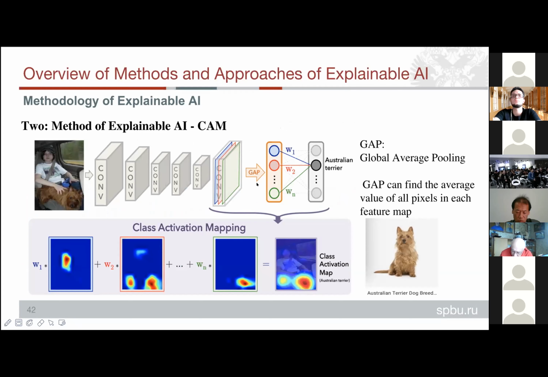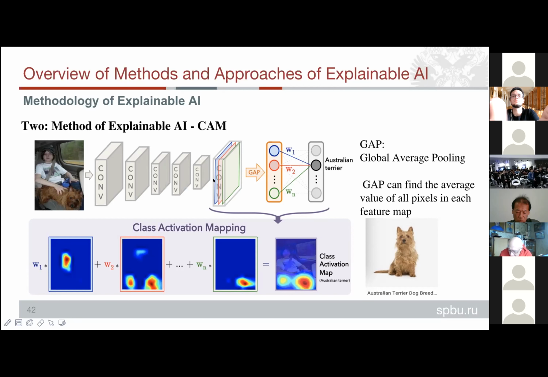GAP can be regarded as a special average pooling layer, but its pool size is as large as the entire feature map. Through GAP, we can get the average value of all pixels in each feature map. In our case, the model's training is already done, so we can directly start explaining by computing the CAM.